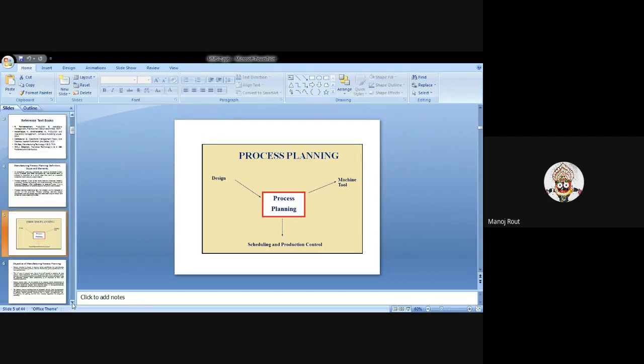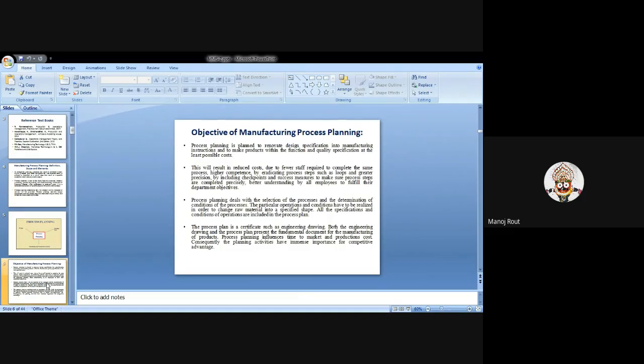Going to the next one, the objective of manufacturing process planning. At point number 1, process planning is meant to convert design specifications into manufacturing instructions and to make the product within the function and quality specifications at the least possible cost.